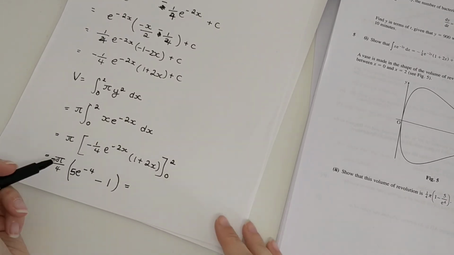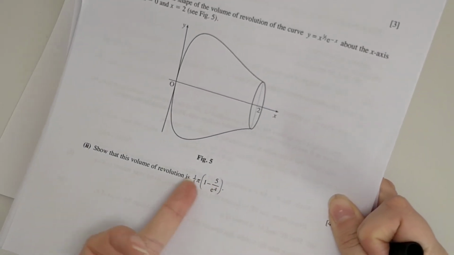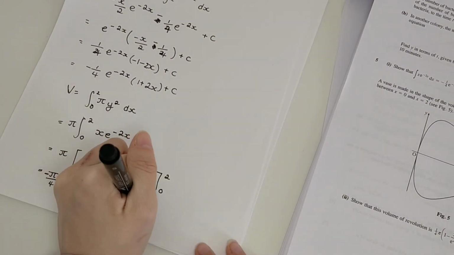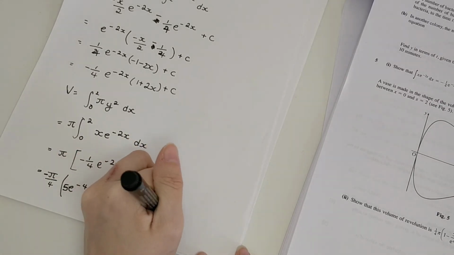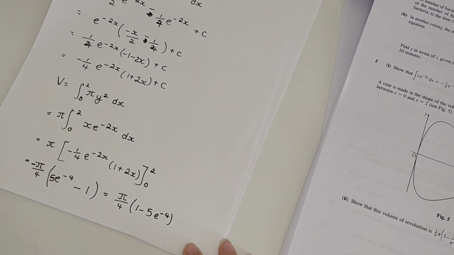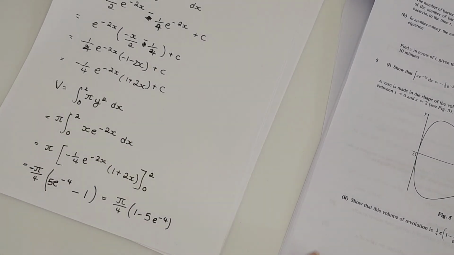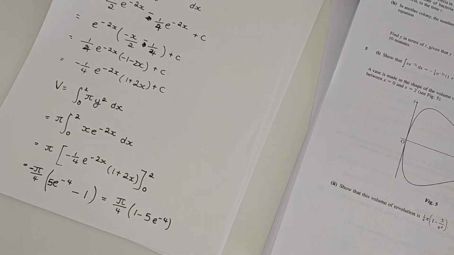Actually, no. This isn't the correct answer. This is the wrong way around. So I'll put the negative inside. And now it's the correct answer. I didn't write it quite the same, but yeah, it's the same.